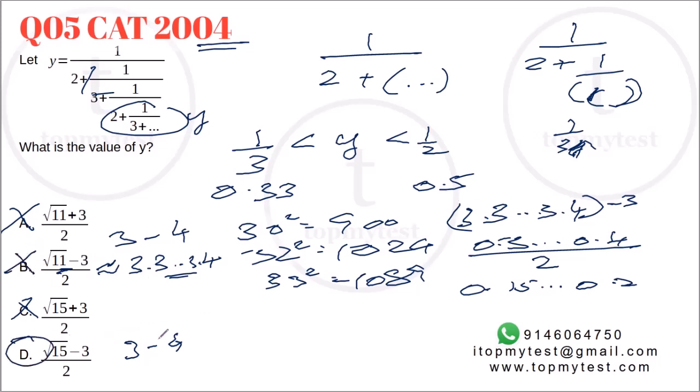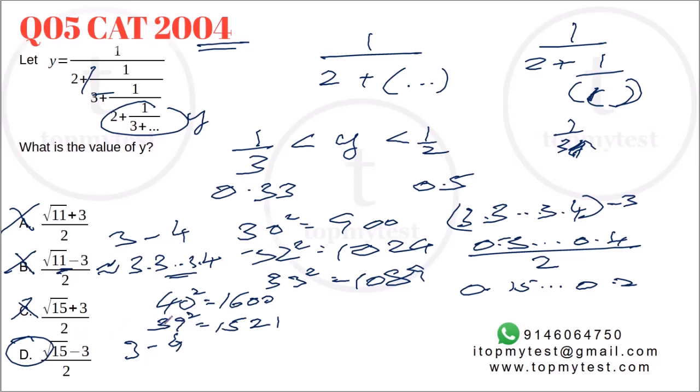Now, if you want to be doubly sure, you can actually use a calculator to do this. I mean, CAT 2004 did not have a calculator. So in the spirit of not having a calculator, let's try to approximate this. We know 4 square is 16. So how much will be root 15? 40 square is 1600. What will be 39 square? 9 threes are 27 into 2 is 54, plus 6 square, 1521.